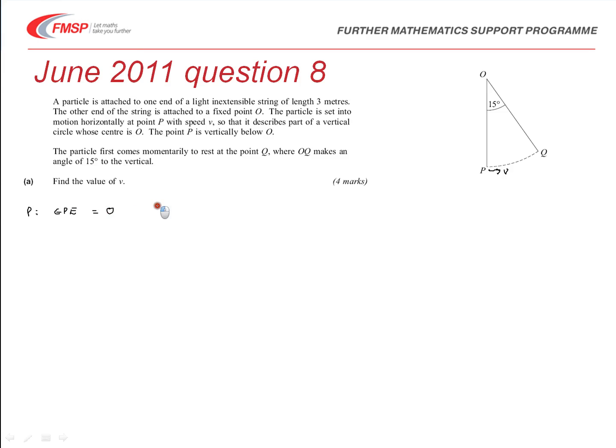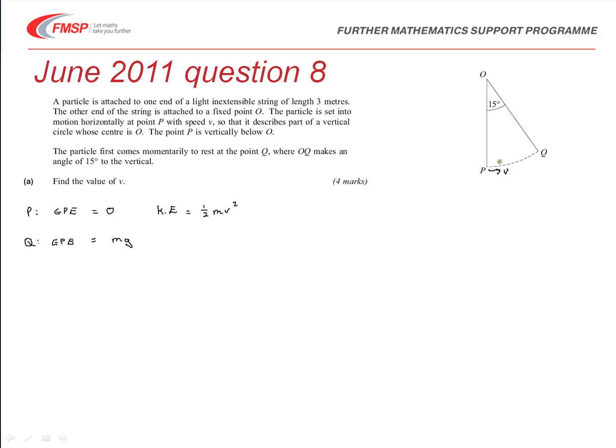And the kinetic energy will be a half m v squared. When we get to Q, the gravitational potential energy will have increased because we will have risen, and that will become mg.